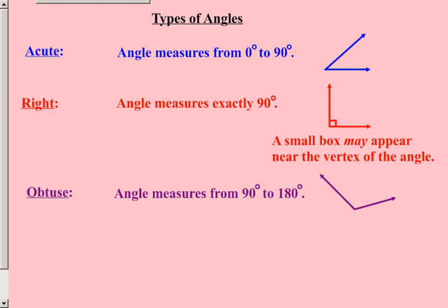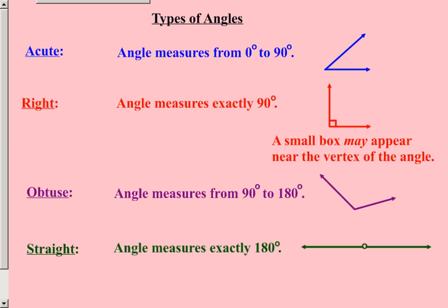Now there's a fourth and final category that you may or may not already be familiar with, and that deals with what happens when an angle actually reaches 180 degrees. And that type of an angle is referred to as a straight angle. As I already alluded to, straight angle means it measures exactly 180 degrees. And the diagram should look familiar.